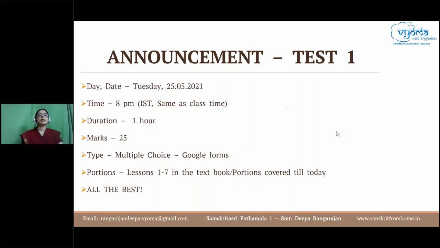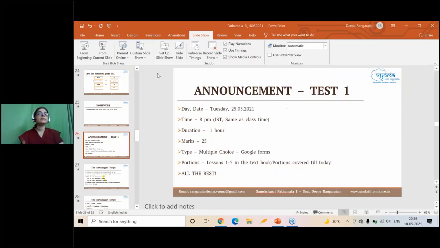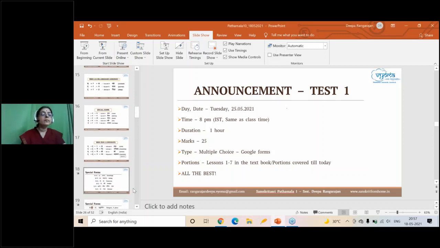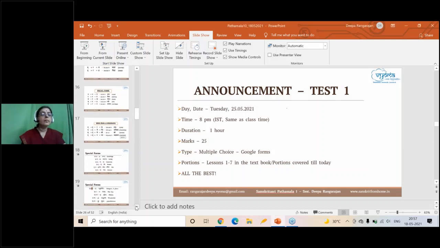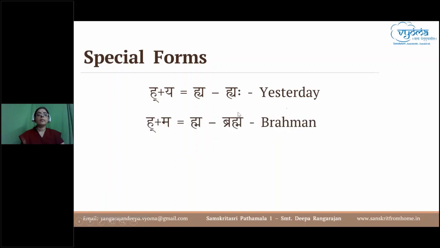Hakara and Makara, and Hakara and Nakara look the same. No, they don't look alike. Hakara and Makara, the Makara is written separately outside. If you just go to that slide. You see the Hakara and Makara.